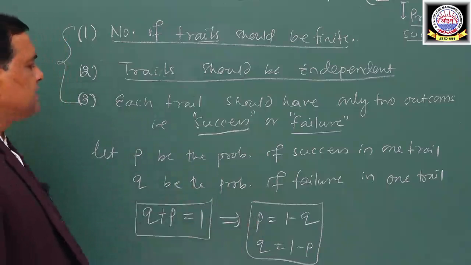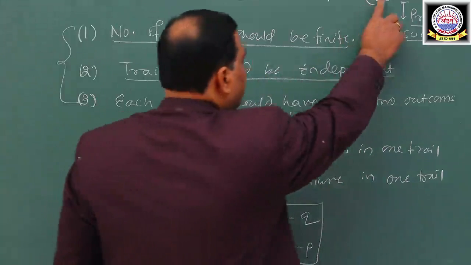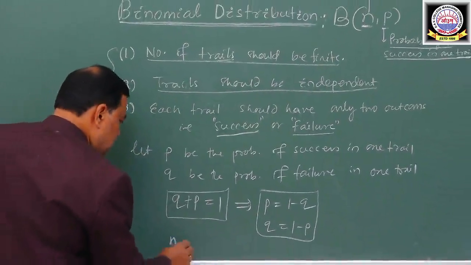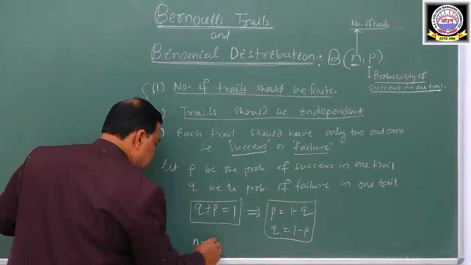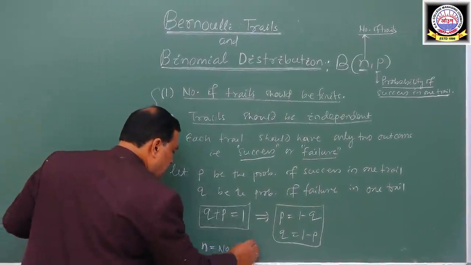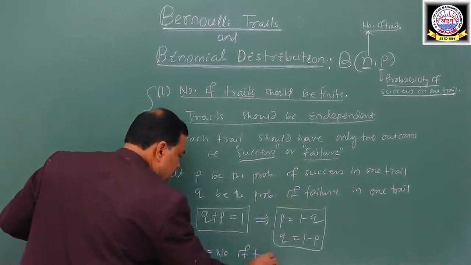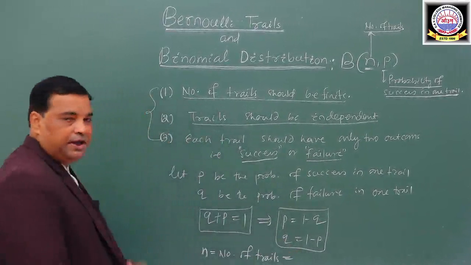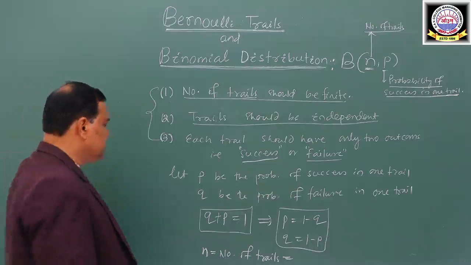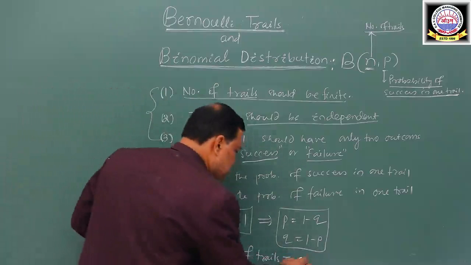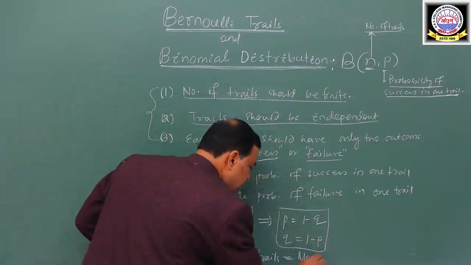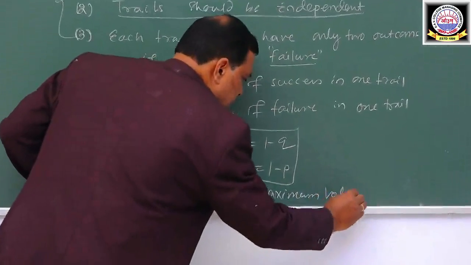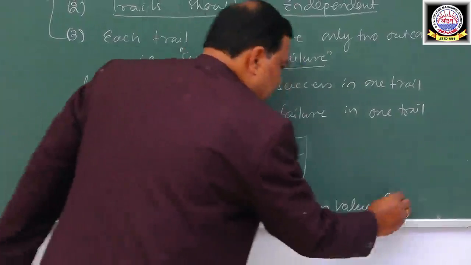And second, n is called the number of trials. I am writing a very interesting thing here: the number of trials is equal to the maximum value of the random variable.